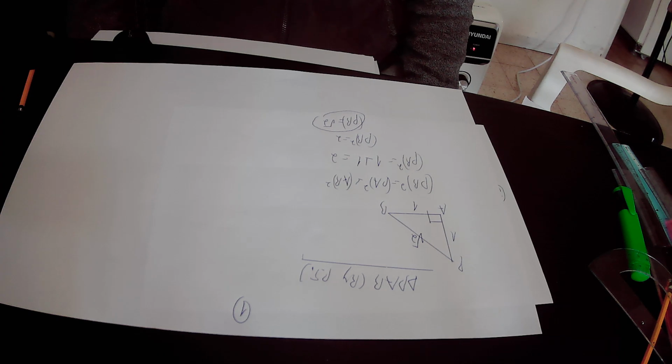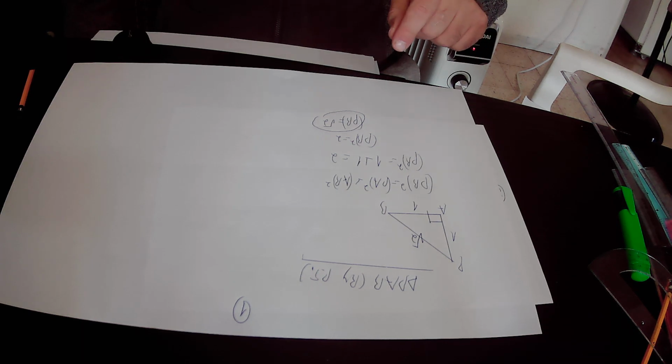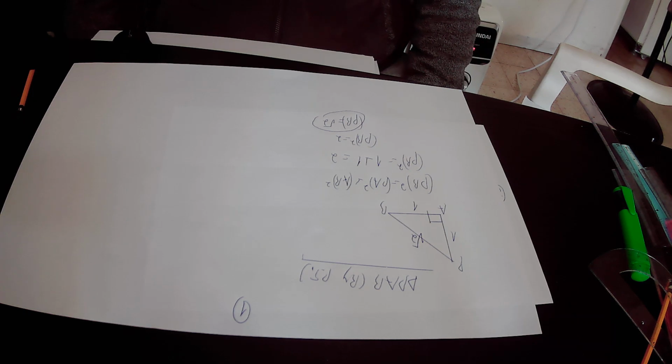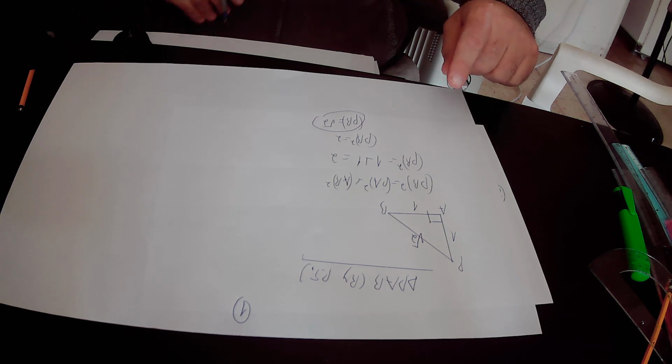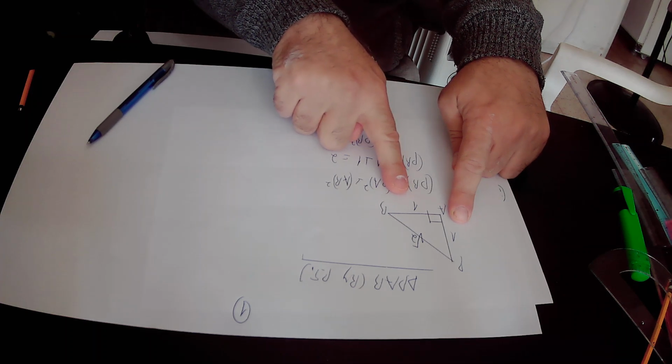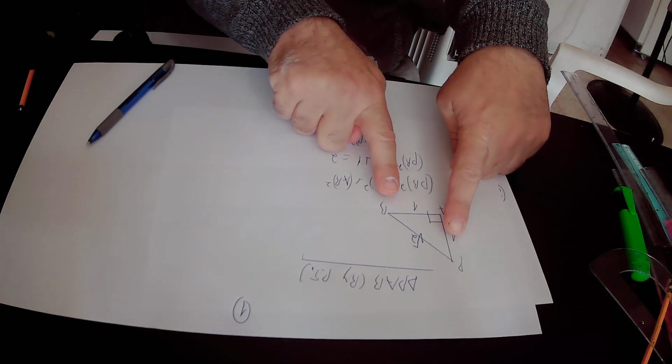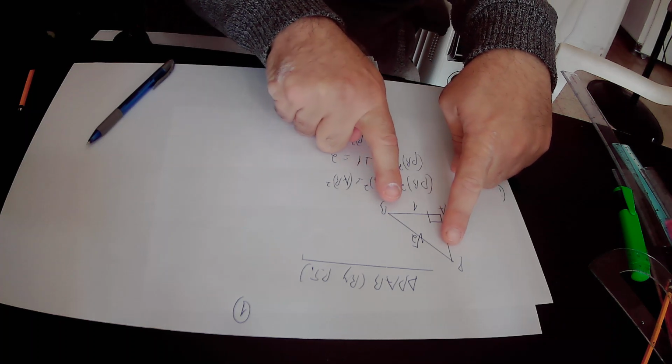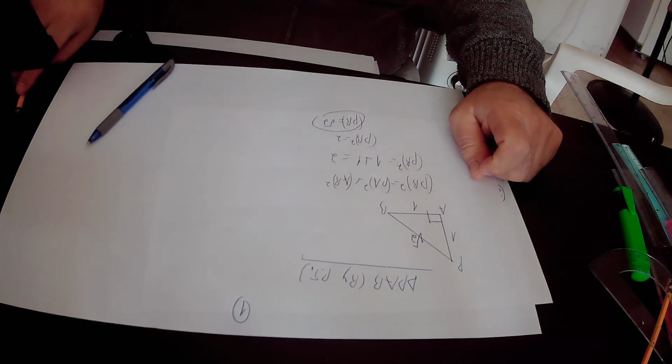And we have the rule that in front of equal sides in the triangle there are equal angles. So in front of those two equal sides we have two equal angles. So if this angle is alpha, then the other angle must also be equal to alpha.